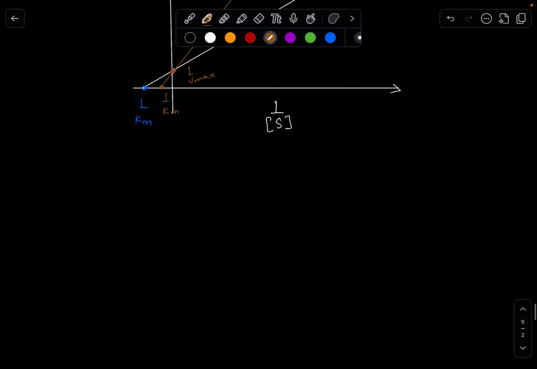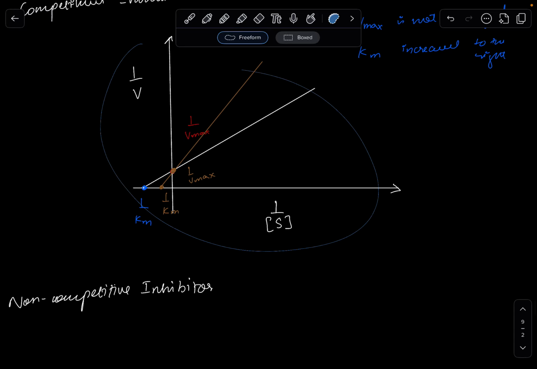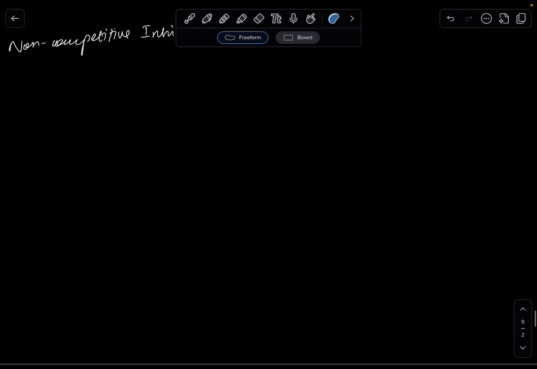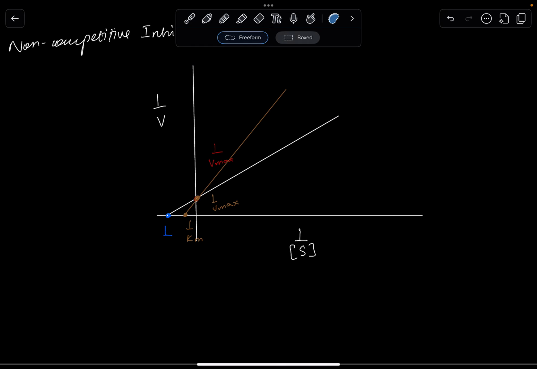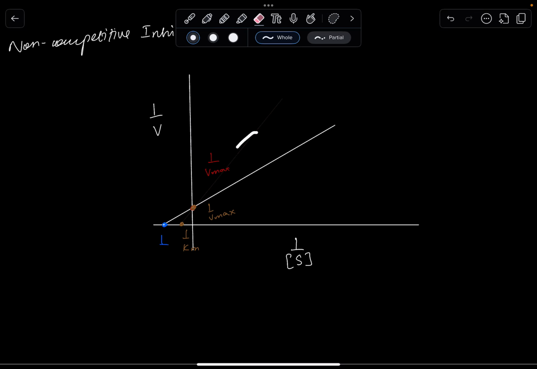If I then have my non-competitive inhibitor, what do I see? I see the same kind of graph; I'll copy it and remove the lines for the competitive inhibitor.